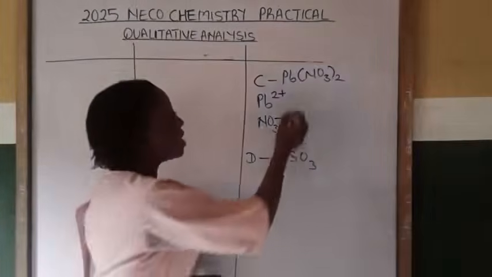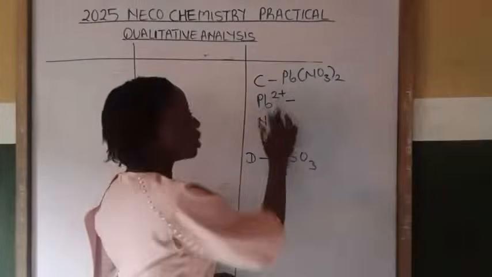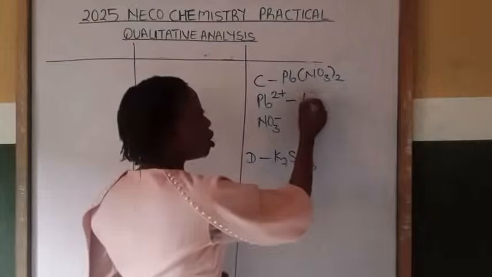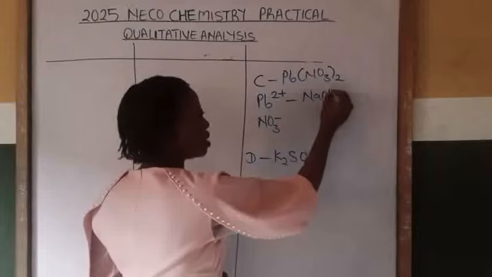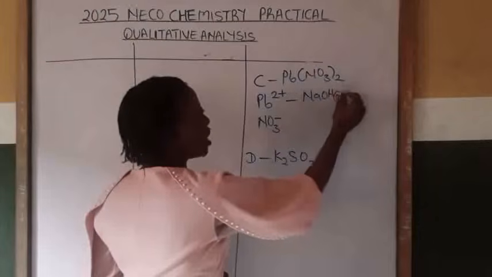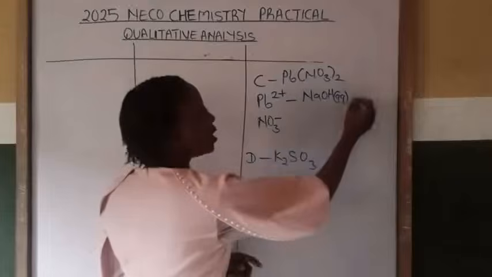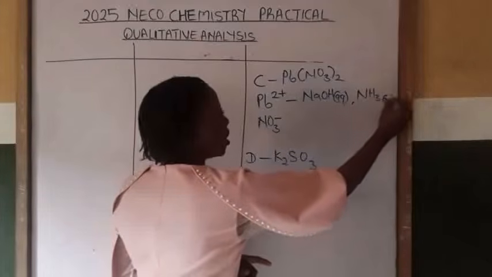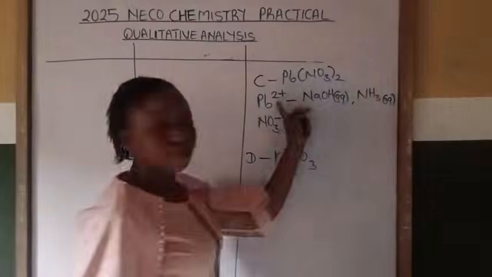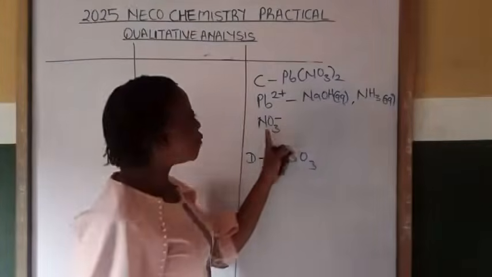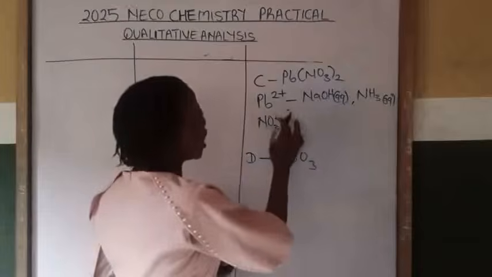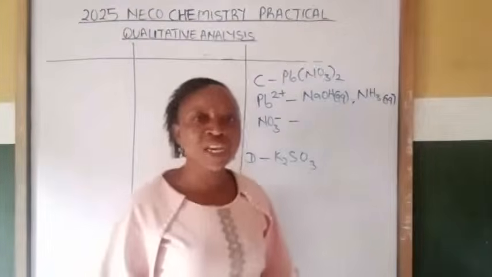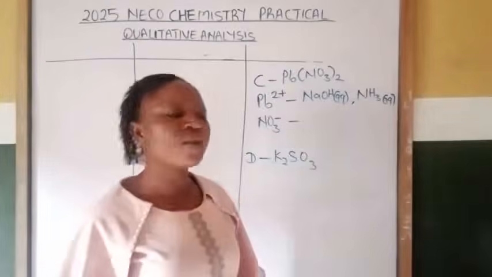So what are the likely reagents that we can use to test for lead ion? We are going to use aqueous sodium hydroxide and aqueous ammonia to test for lead ion. For trioxonitrate(V) ion, we call it the brown ring test.